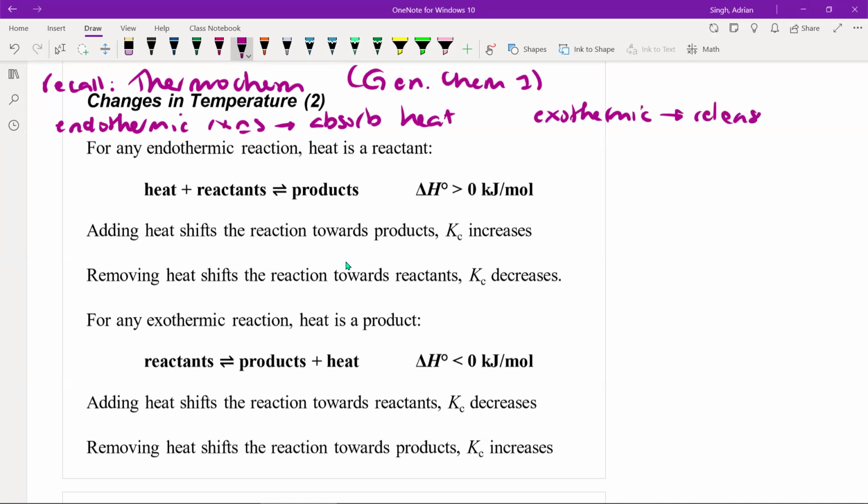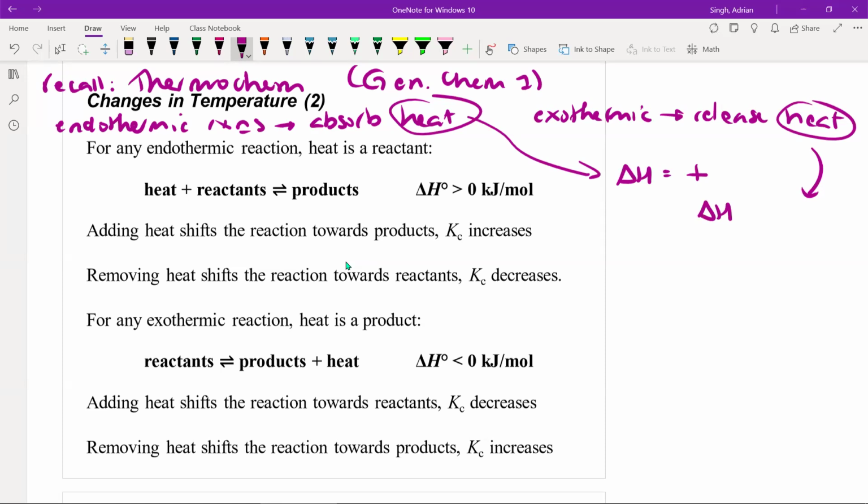As a result, we can make our life a lot easier, and we can think of the heat itself as either a reactant or a product. If you remember, for endothermic reactions our delta H, our change in enthalpy, was a positive value because we're gaining heat, whereas for an exothermic reaction, our delta H was a negative value because heat is being released.